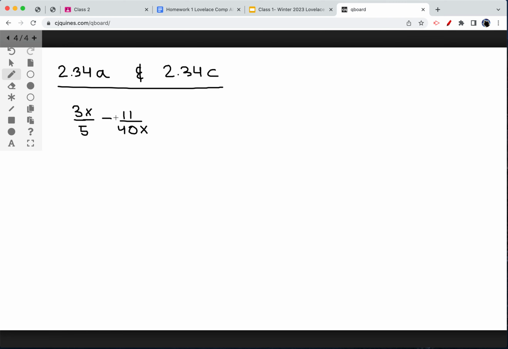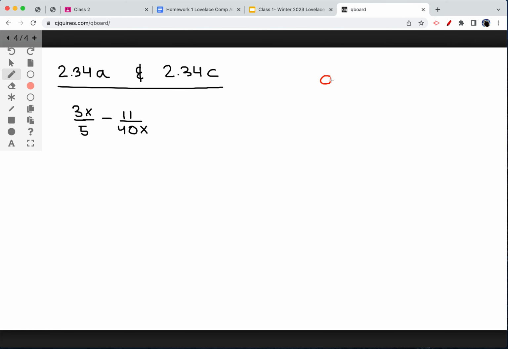So first, just as a reminder, let's say we had a over b minus c over d. So if we want to write this with a common denominator, then we'd multiply the top of this. Okay, let me write this bigger.